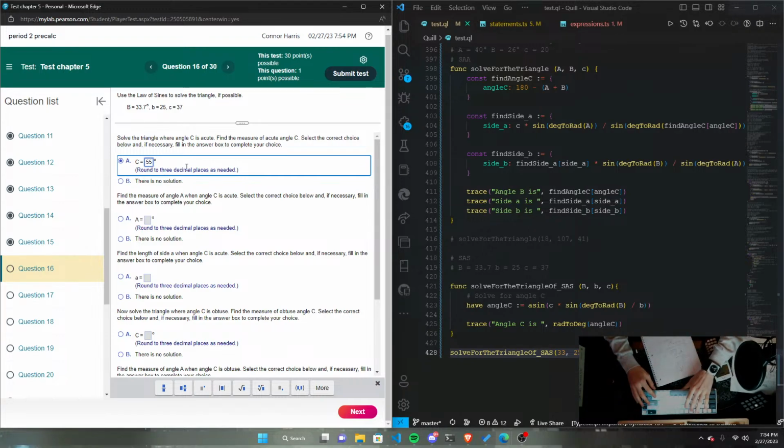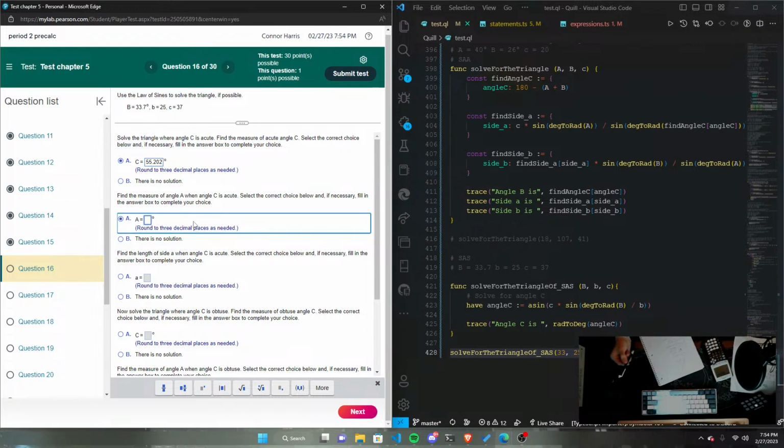Angle A, since we have B and C, we can do 180 minus B plus C. No, we would do C plus B, and 180 minus that to find angle A. It should be 33.7 plus 55.202.